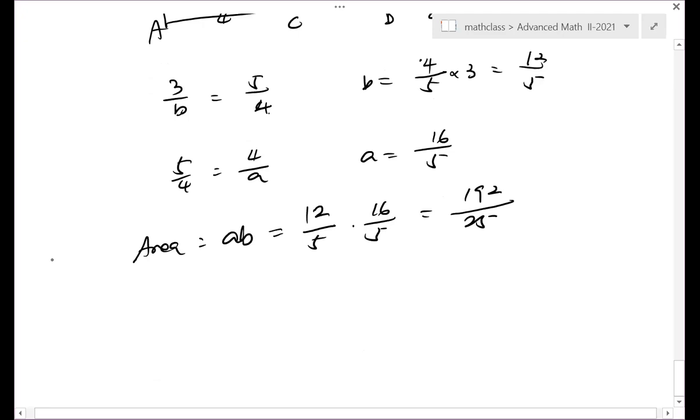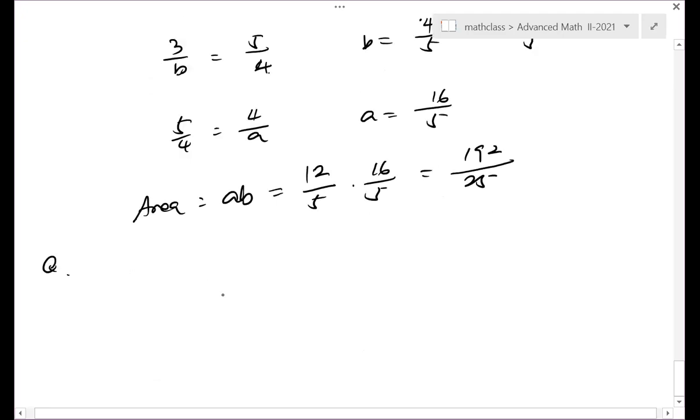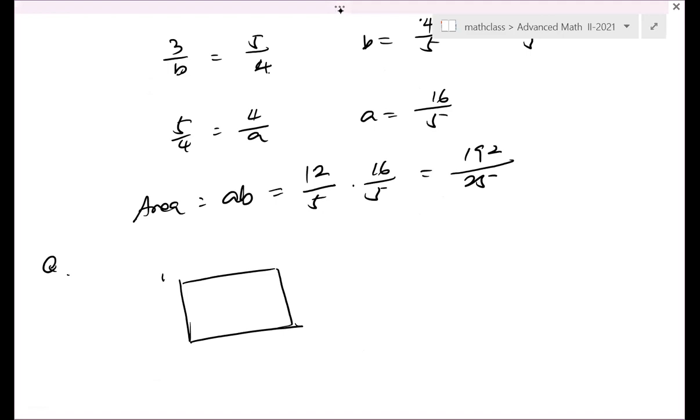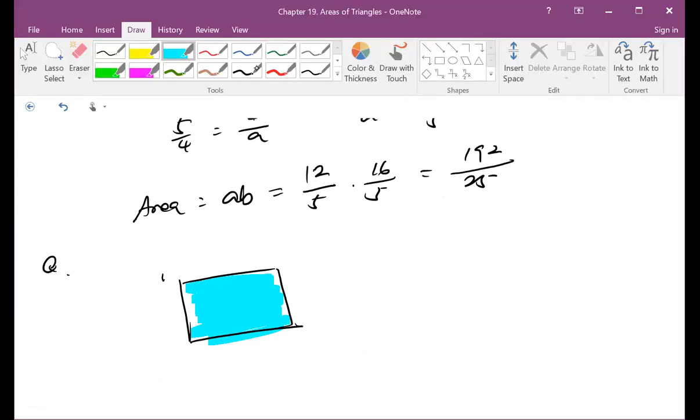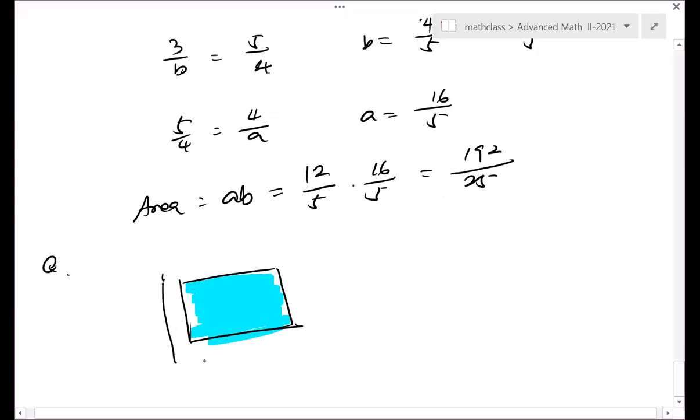Okay, another tricky problem, maybe some of you have already seen it before, and this is a rectangle. I'm assuming this is a swimming pool, right? So this is a swimming pool. Then I put a side length.